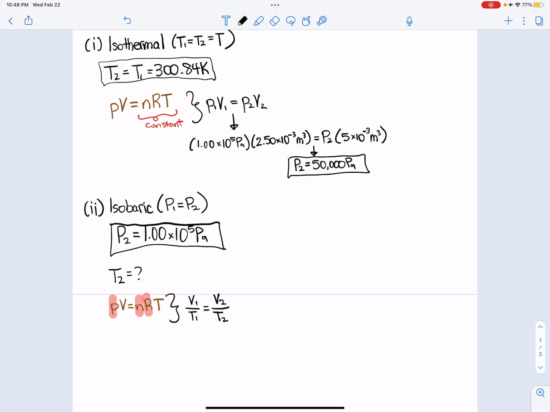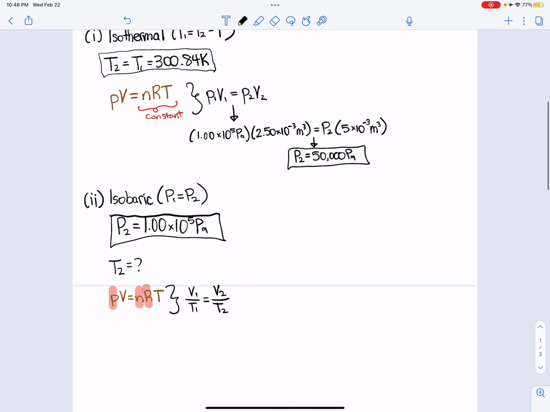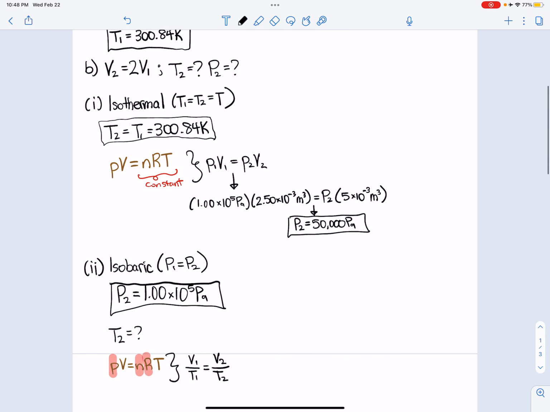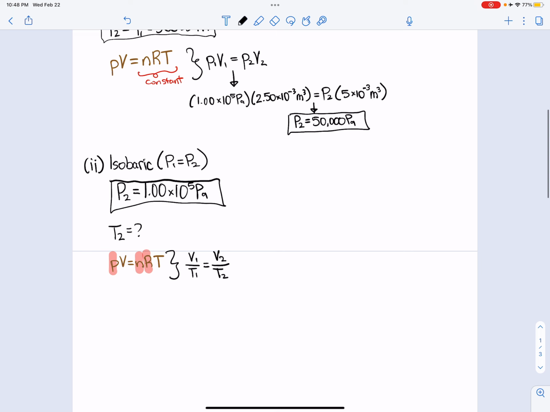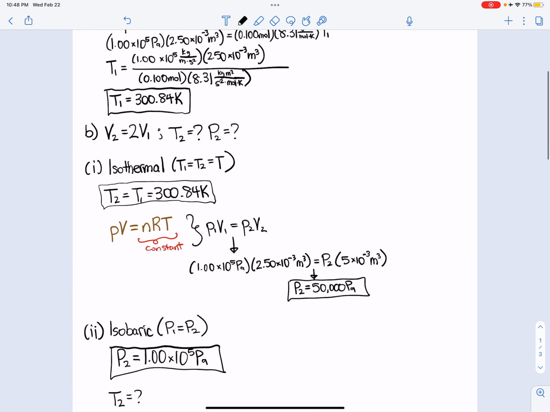So let's plug in our known values. It was given that our initial volume is 2.50 times 10 to the minus 3 cubic meters. Okay, our initial temperature was solved for in part A. That's 300.84 Kelvin.